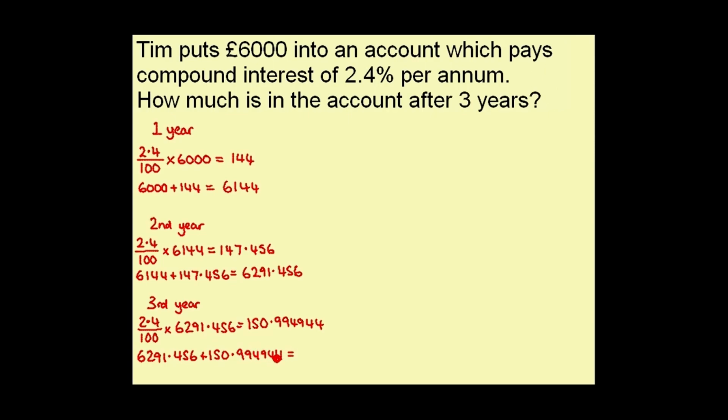Now at this stage, because I'm in the third year, I'm going to round off the answer. Because this is money, it's appropriate to round it to 2 decimal places. So we have £6,442.45. This is the amount of money that's in the account after 3 years.